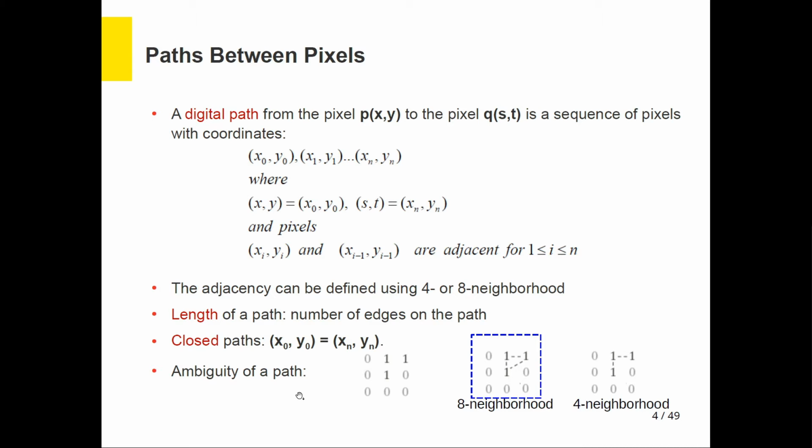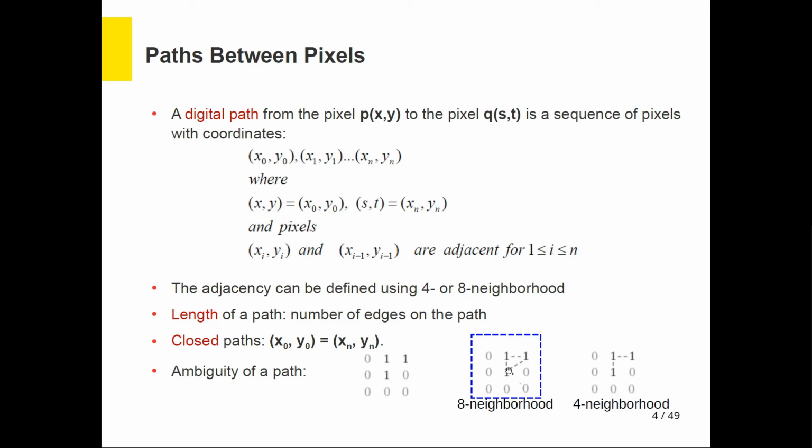Because we can have different paths going from one pixel to another, in some cases we may have some ambiguity in the definition of path. For example, in the same 3x3 image, for the pixel at the center and the pixel at the top right corner, if we are using the eight neighborhood, we can have two paths defined between the two.